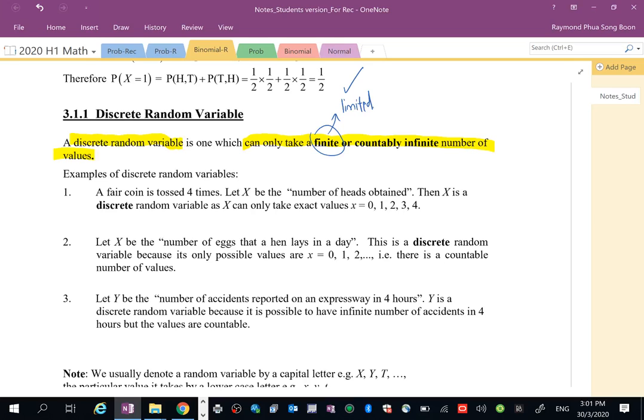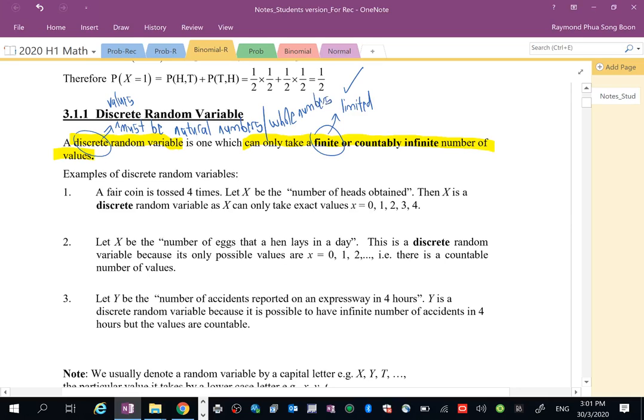And the values that a discrete random variable takes on must be natural numbers or whole numbers.